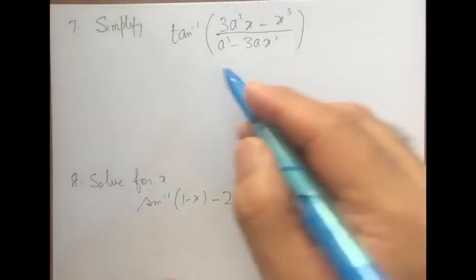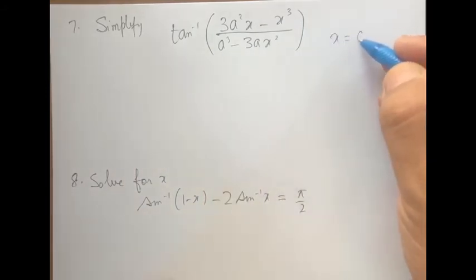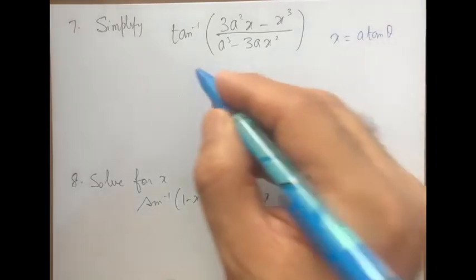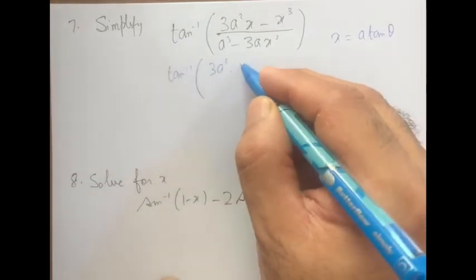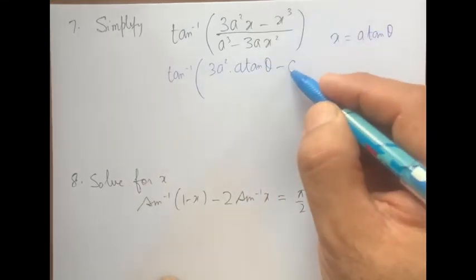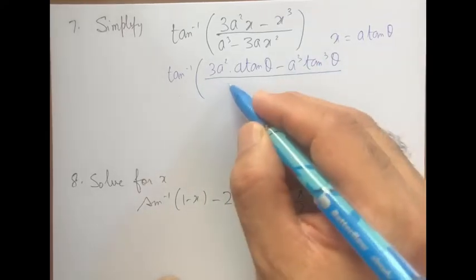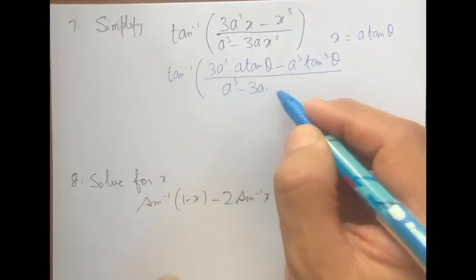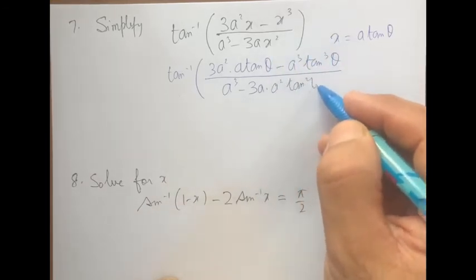Question. We have to simplify the expression. To simplify, we can put x is equal to a tan theta. So this simplifies to tan inverse of 3a square into x, x is a tan theta, minus x cube, it's a cube tan cube theta, divided by a cube minus 3a into x square, which is a square into tan square of theta.